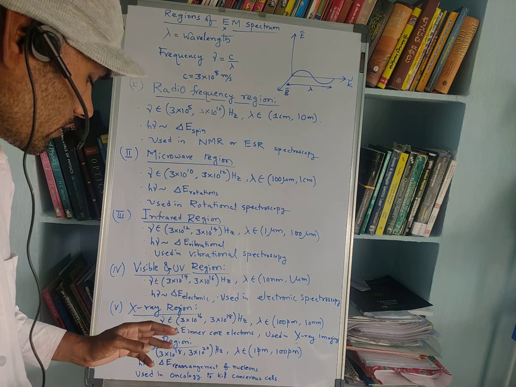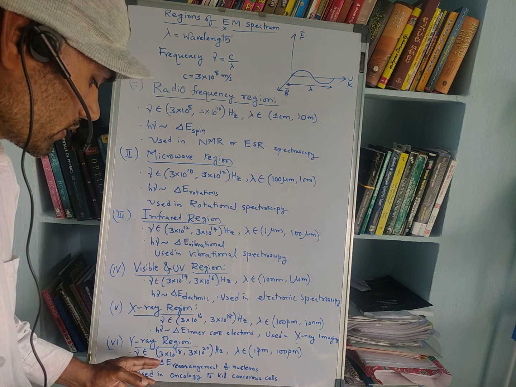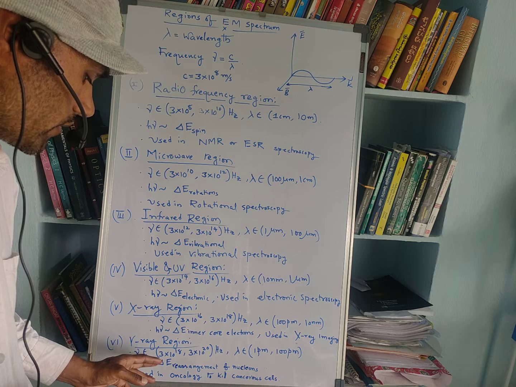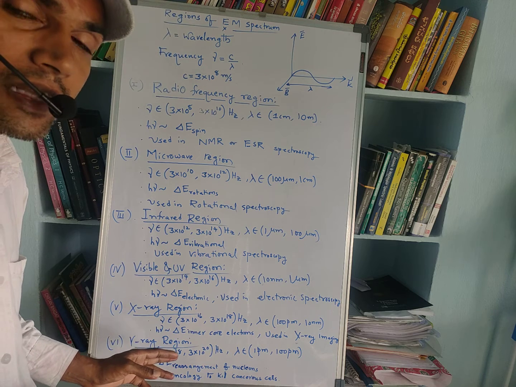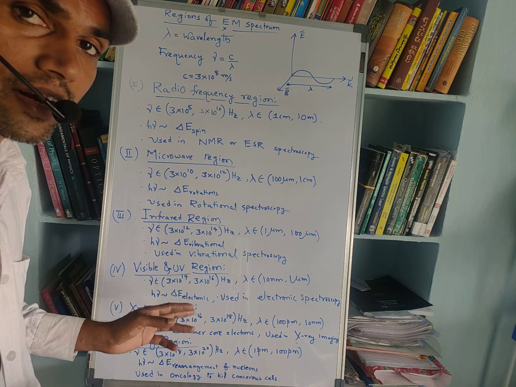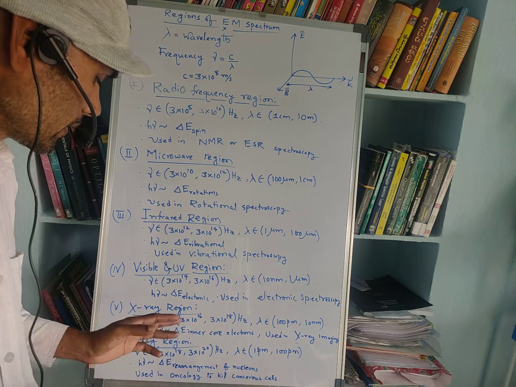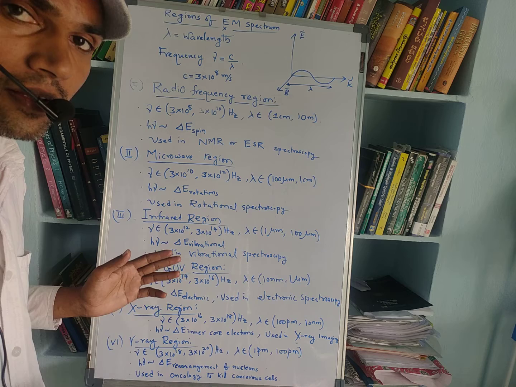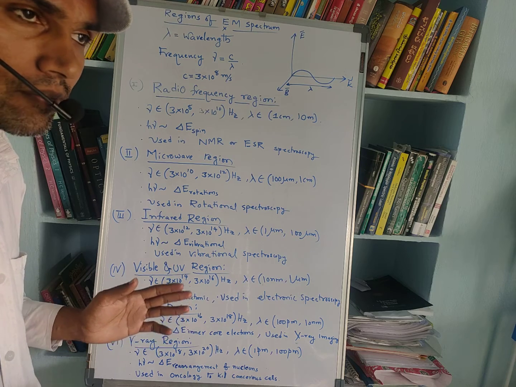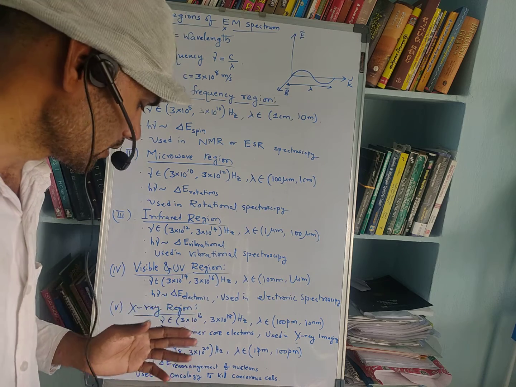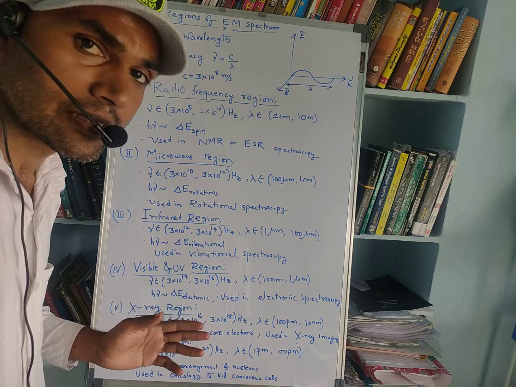The energy of the photons of this region will be of the order of change of energy that happens because of rearrangement of nuclear particles. And this gamma radiation is used in oncology to kill cancerous cells.